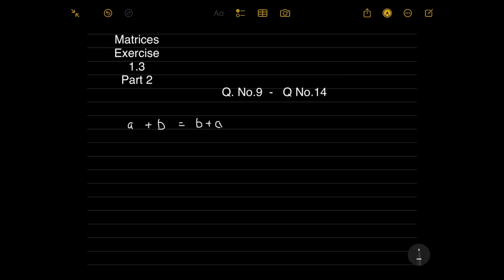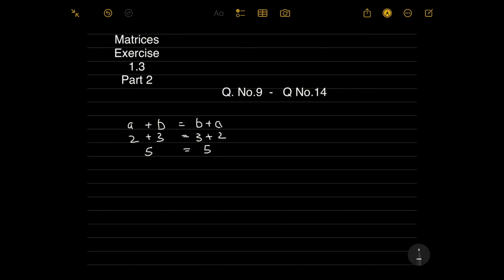If we assume real numbers, 2 plus 3 equals 3 plus 2, so this equals 5, and 3 plus 2 also equals 5. This property is also applicable over matrices, and we are going to do it practically in the exercise.